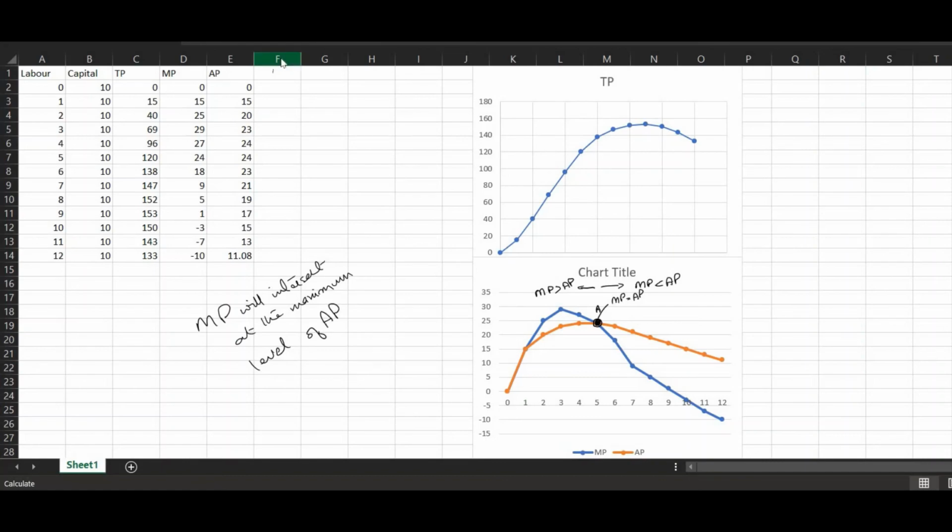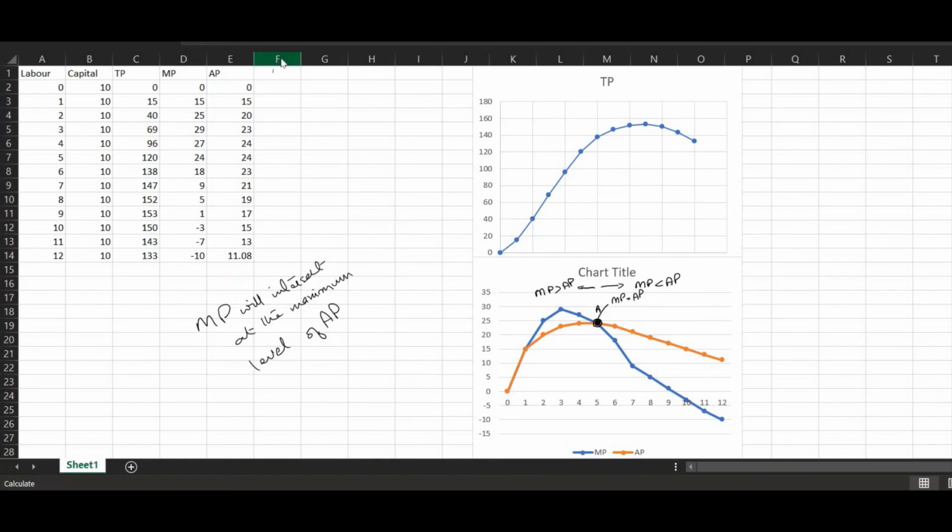When the marginal productivity intersected the average, this was the maximum level of average productivity, and then average productivity has started to decline.